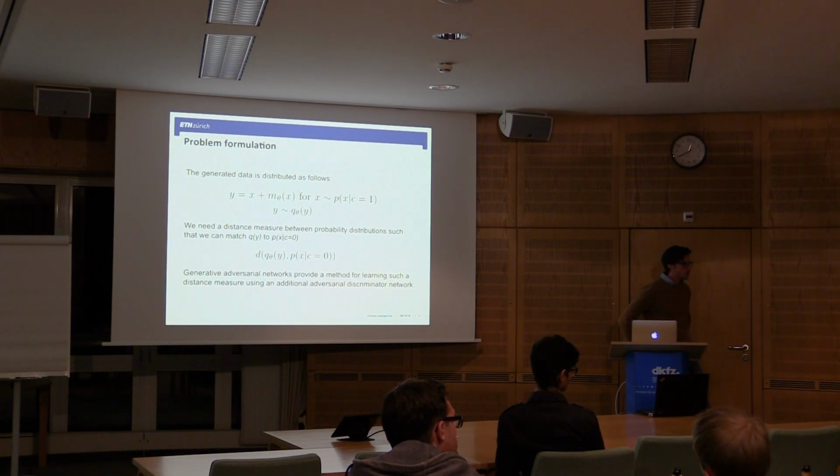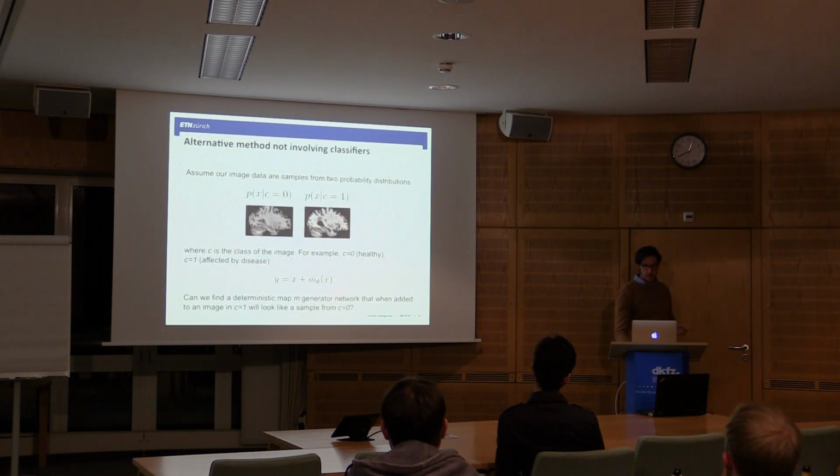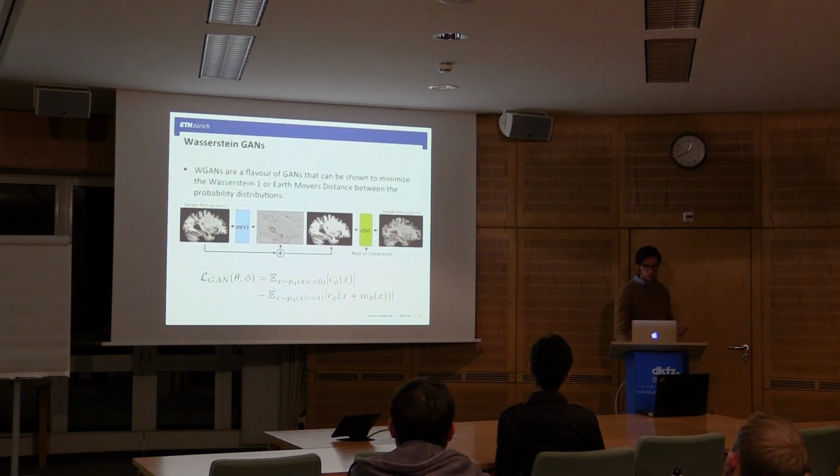So in this particular case, couldn't you then have learned the very same thing with, say, a mean squared error loss or something? Because I think you showed examples of the ground truth. Assuming that for each image you also have the ground truth disease mask, could you have just learned it with a regular loss rather than an adversarial loss if you treat it deterministically? Yeah, but we don't have paired data actually.